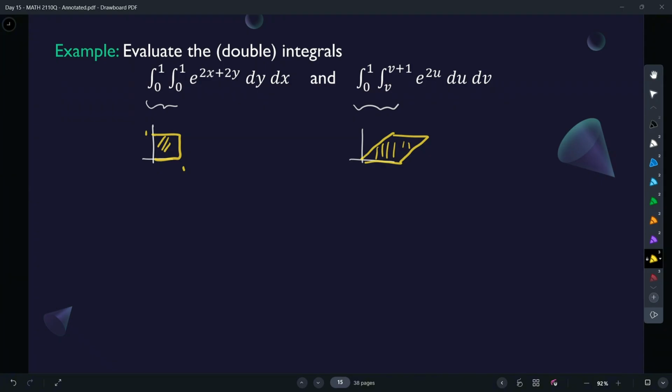Okay, in this change of variables, we're using that u is x plus y, and v is equal to y. So remember that this number here was a fourth of (e squared minus 1) squared. So I want to know how much is that integral over here. So let's compute that one.